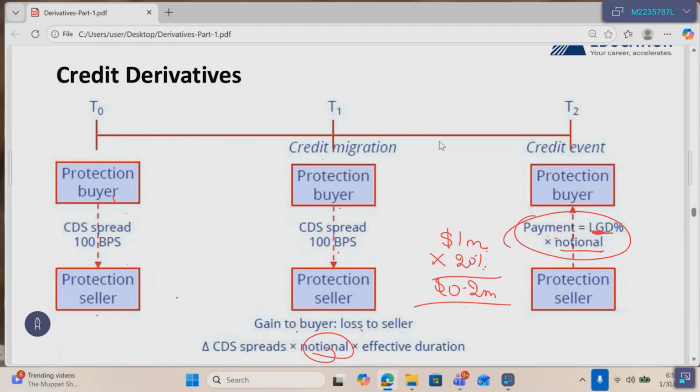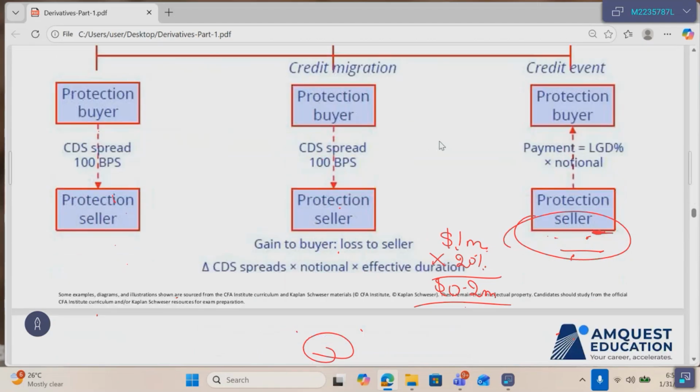It may not be the actual amount of the loan, but the entire notional amount. So this is how you deal with the payment: LGD, loss given default, times the notional amount. If the default happens and you lose 20%, you multiply it with the amount of the loan, which is the notional amount, and you get 0.2 million. Clear? So please learn how to compute the amount of protection and the payment.